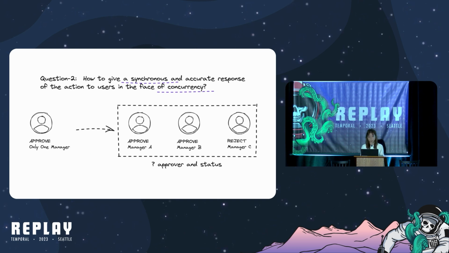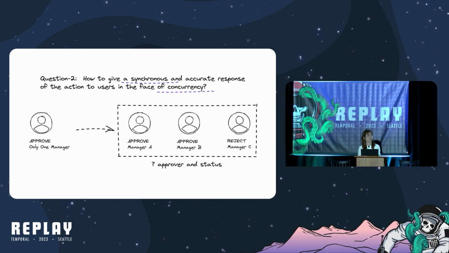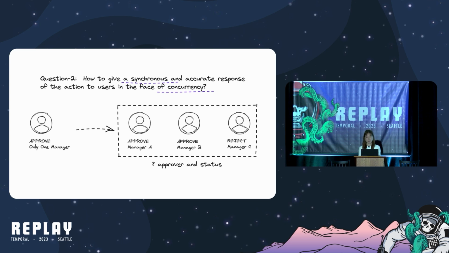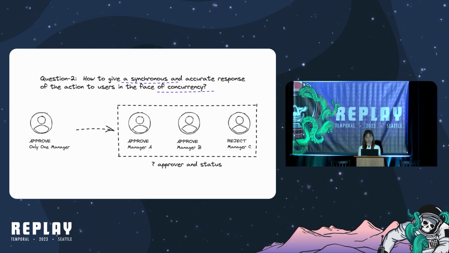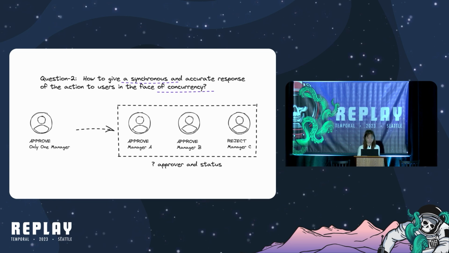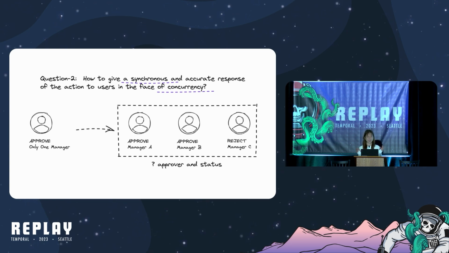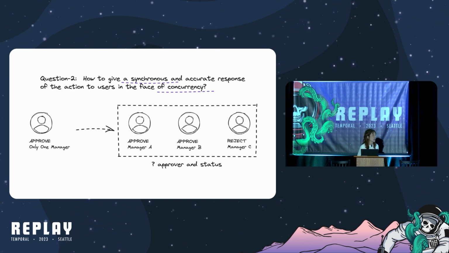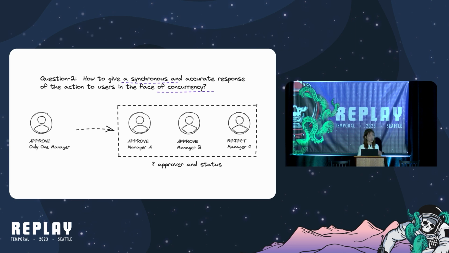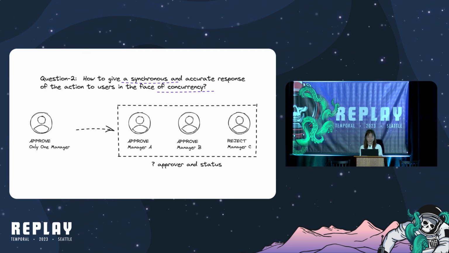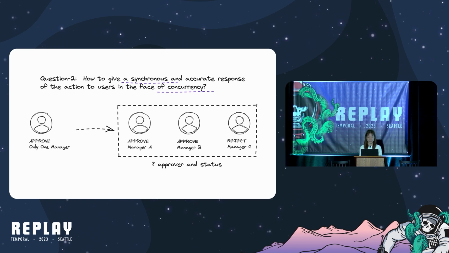In the face of multiple managers, for example, one manager sends approval and the other a rejection, our system still wants to respond with the fresh status of the transfer after their interactions. We want to respond something like this. One manager will say, the transfer is approved by you successfully. And others will say, whoops, the transfer has been approved by someone else. However, our current system design doesn't support this feature right now.